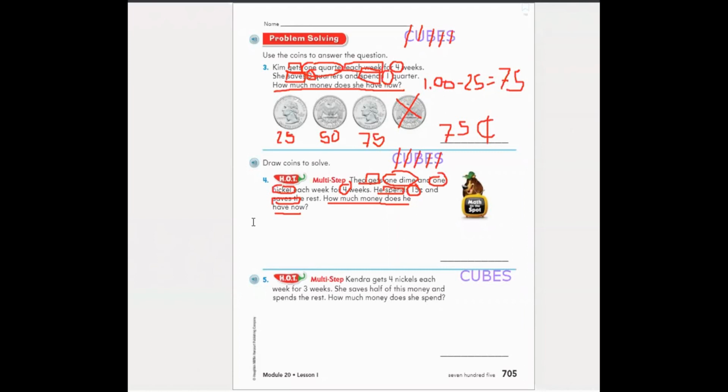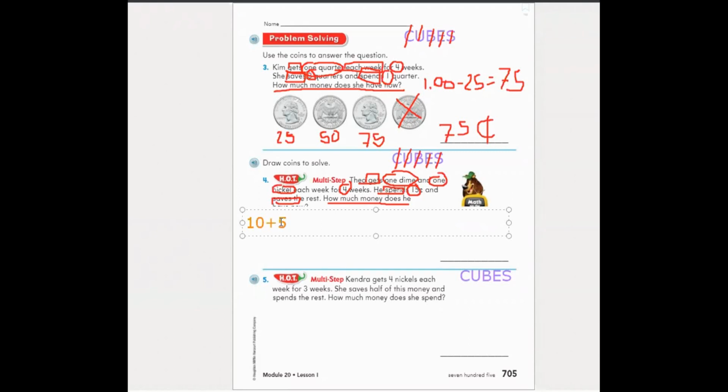So in week one, Theo got 1 dime and 1 nickel. So he got 10 cents plus 5 cents.